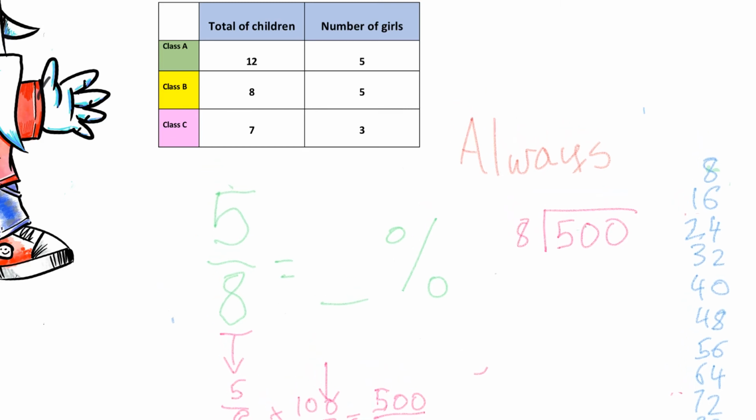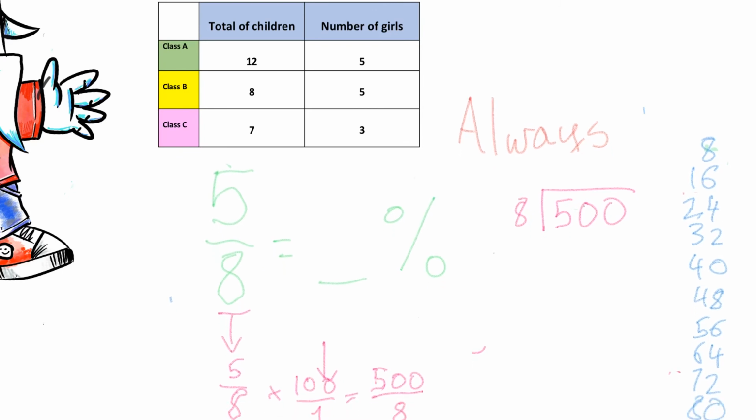Okay, and let's go. So I'm dividing 500 by 8 because any fraction is a division problem. I multiplied the fraction by 100 because percentages are fractions with a denominator of 100.